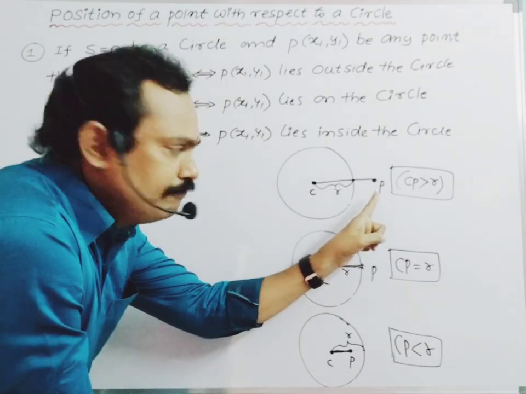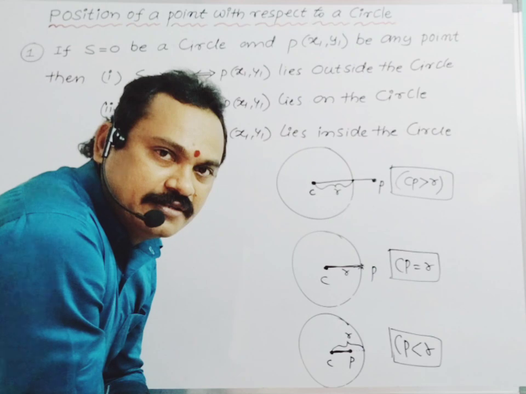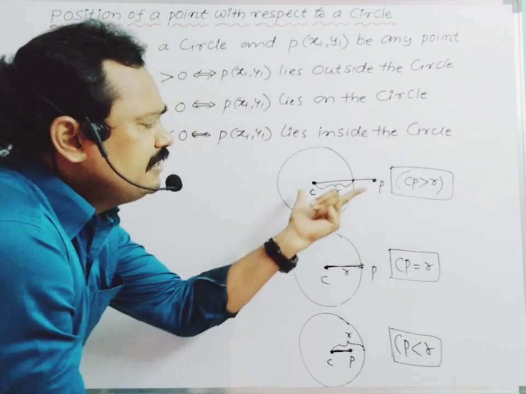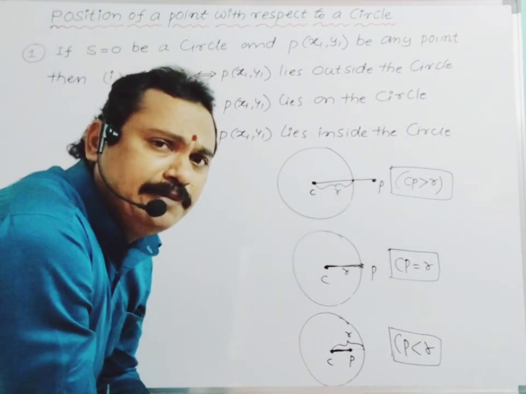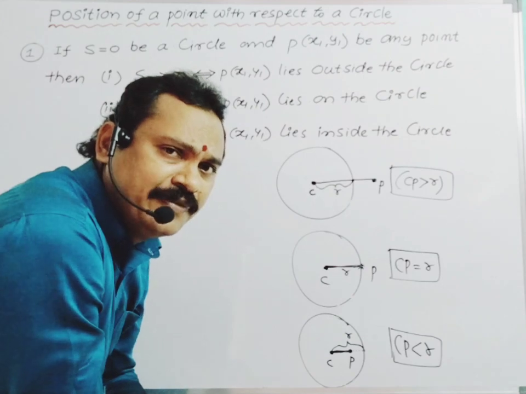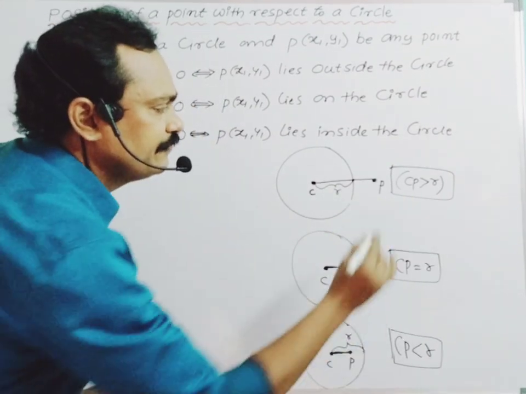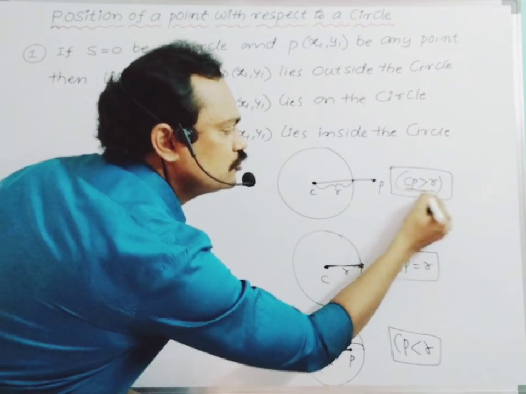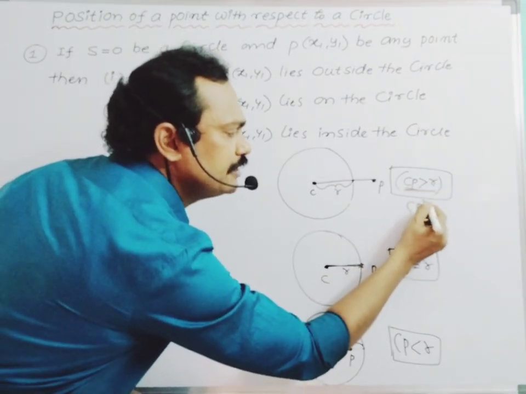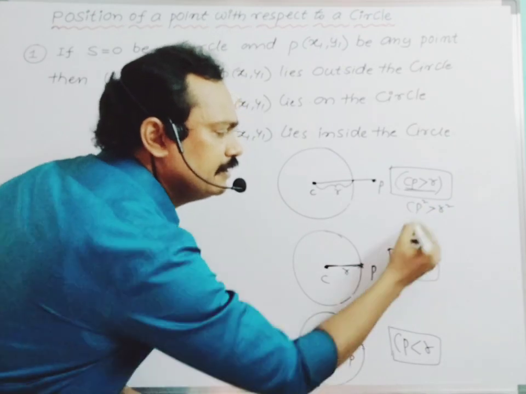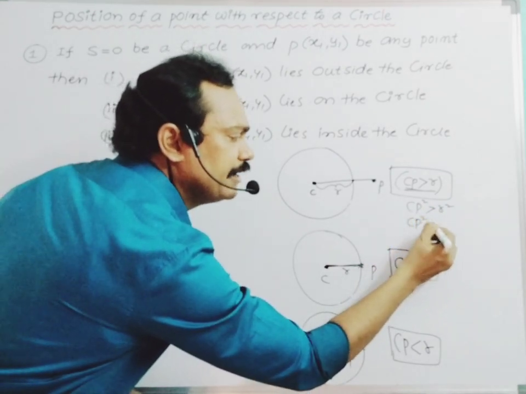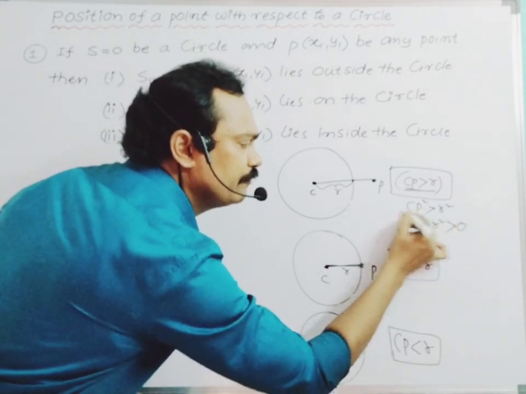If P is a point outside of the circle, then CP is certainly greater than R. If you square both sides, CP square is greater than R square. This is nothing but CP square minus R square is greater than 0.